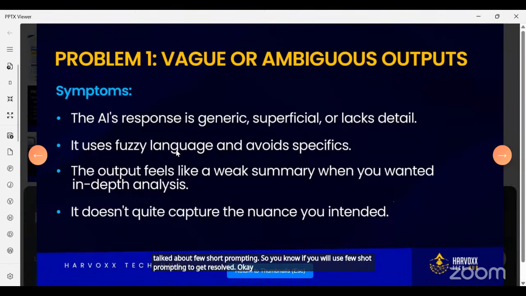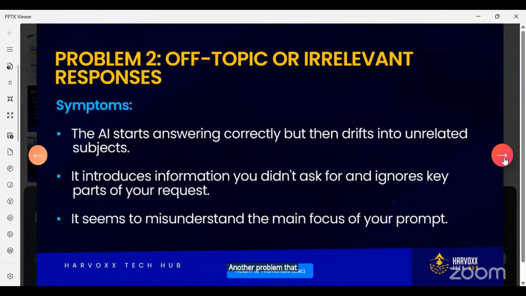Now, another problem that you face is the off-topic or irrelevant responses. Now, what are the symptoms? The AI starts answering correctly, but then drifts into unrelated subjects. Do you see that? It was just giving you something correct, all of a sudden it just enters another thing.